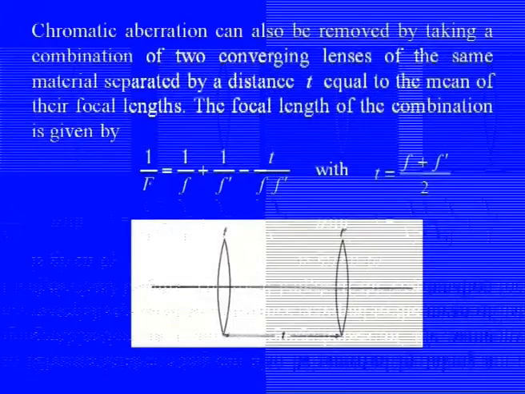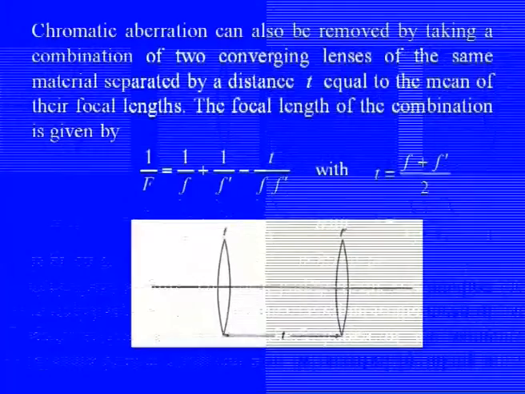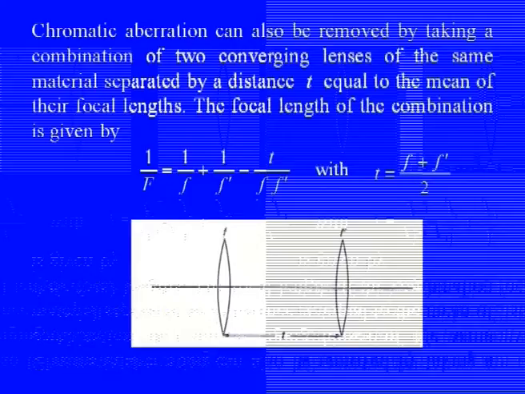The chromatic aberration can also be removed by taking a combination of two converging lenses of the same material separated by a distance t equal to the mean of their focal lengths. The focal length of the combination is given by, we have obtained this relation earlier, 1 upon F is equal to 1 upon f plus 1 upon f prime minus t upon f f prime, and the thickness is kept as the mean value, (f plus f prime) by 2.